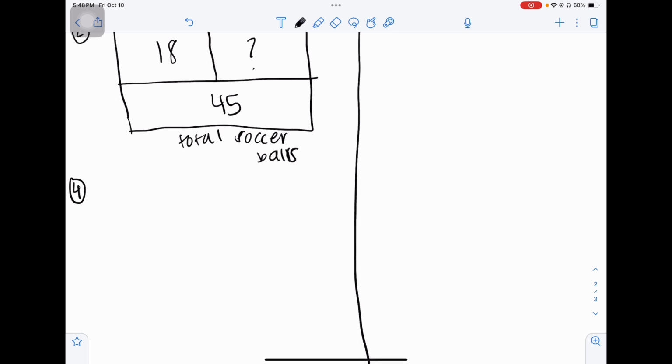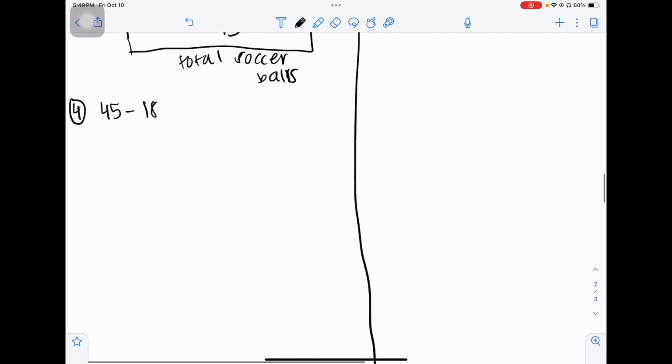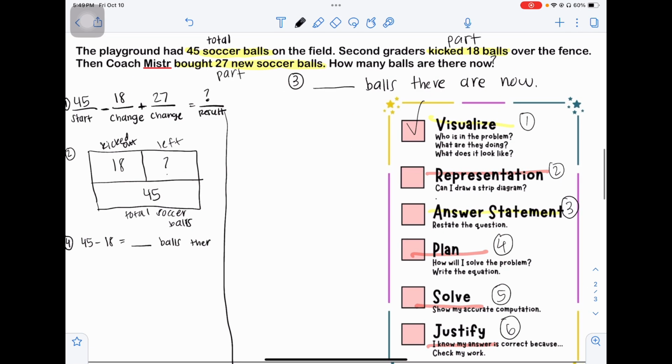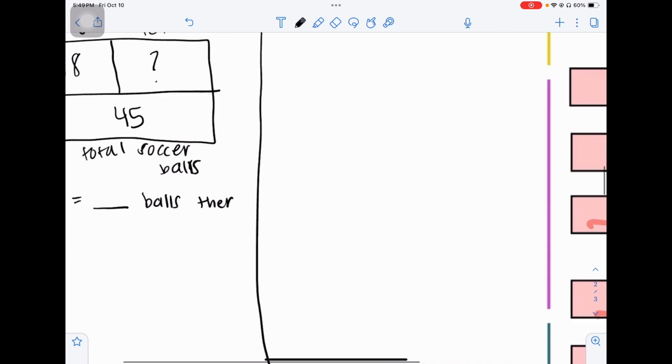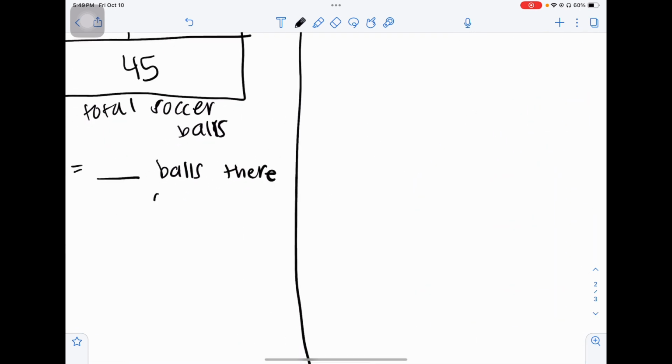I'm going to restate our number sentence, which is going to be 45 minus 18, okay, and equals blank balls there are now.